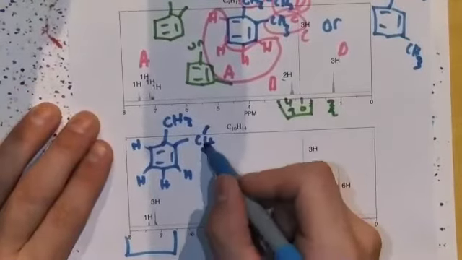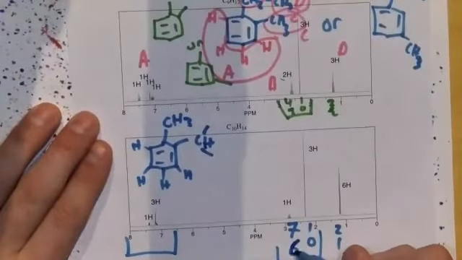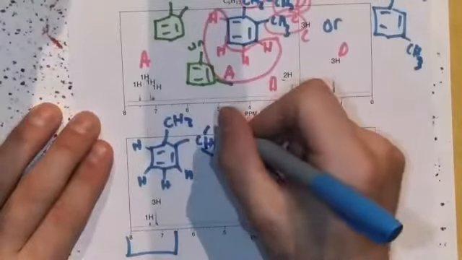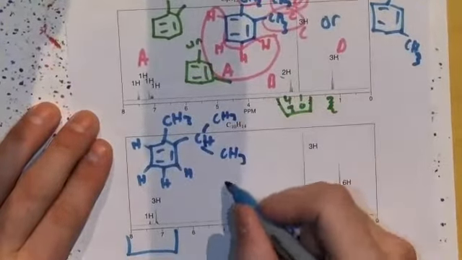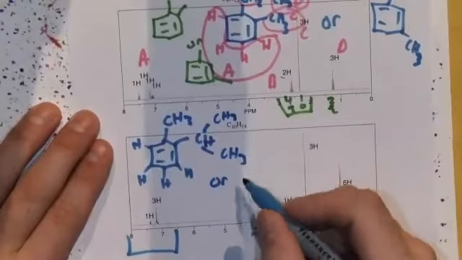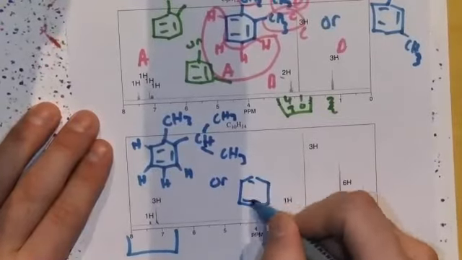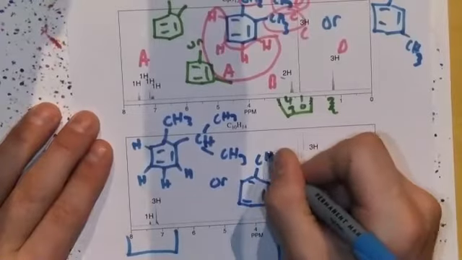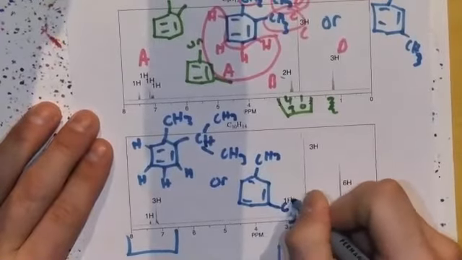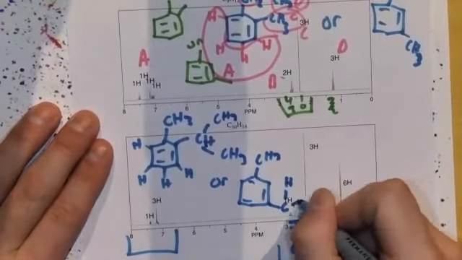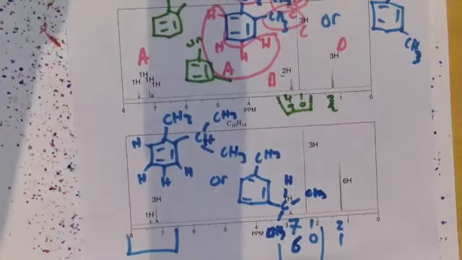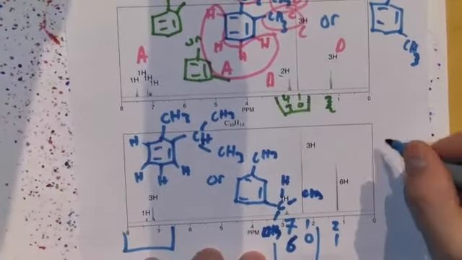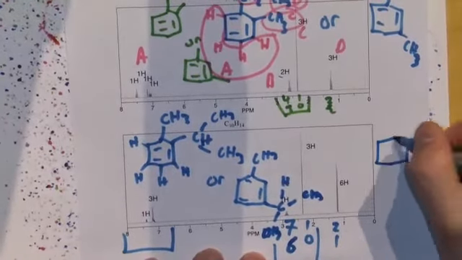Our CH has 6 neighboring protons, so that should be our remaining 2 CH3s here. This could also be the meta version of this. Ooh, man, that's a little rough. I'll redraw the meta over here, just as like lines.